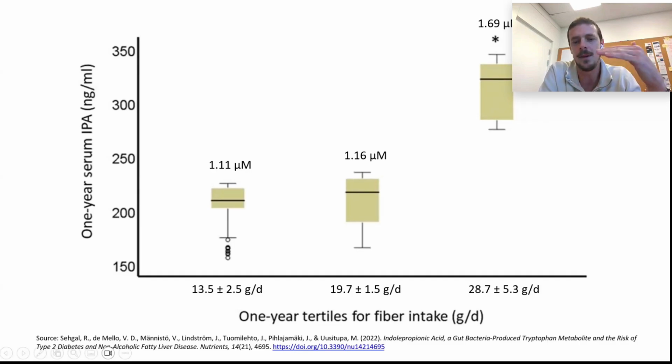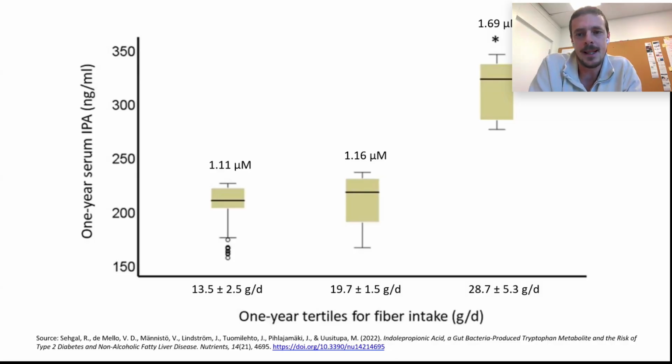But if you go from those 20 to 29 grams of fibers in this case, you see a big jump in your IPA production, because you need to get to 30 grams of fiber to sufficiently feed your microbiome.